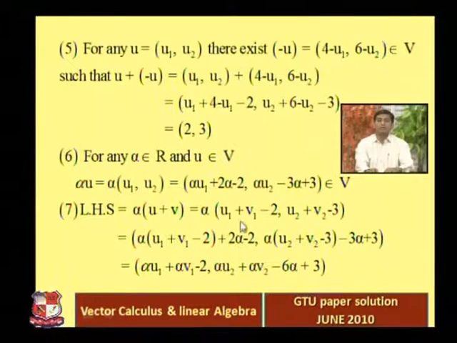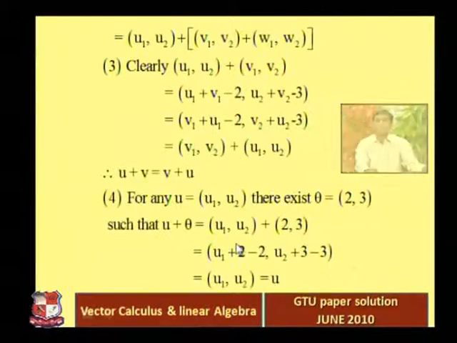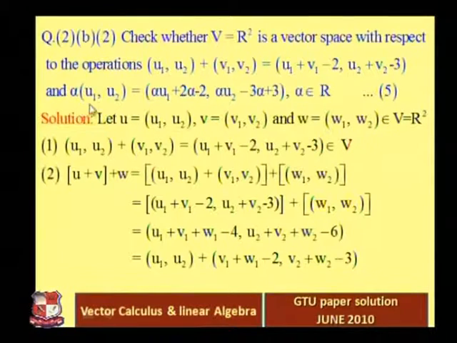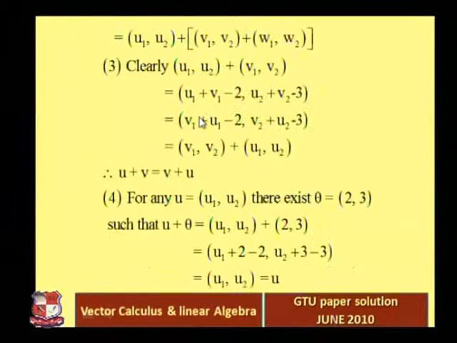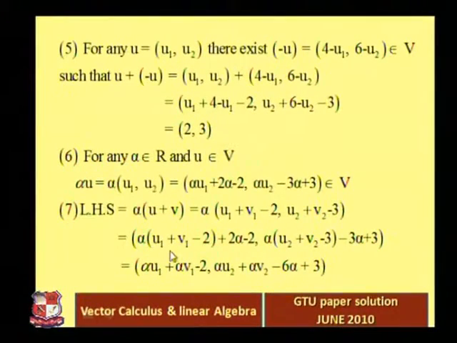Now use scalar multiplication: alpha into first coordinate plus 2 alpha minus 2, then alpha into second coordinate minus 3 alpha plus 3, because we use this definition of alpha (u1, u2). So using this definition we can write this step.